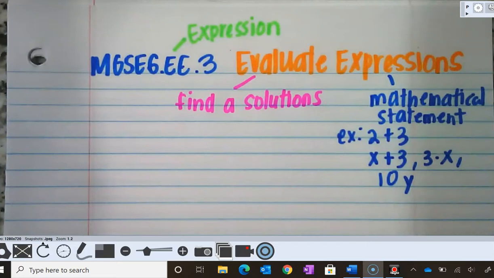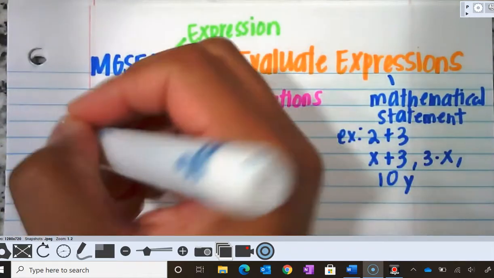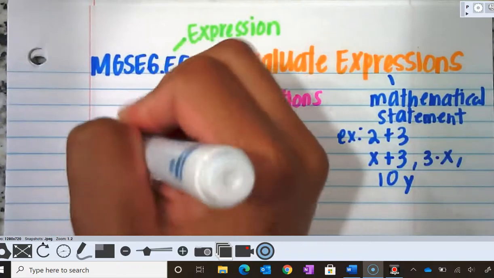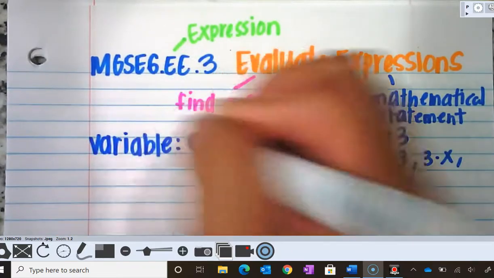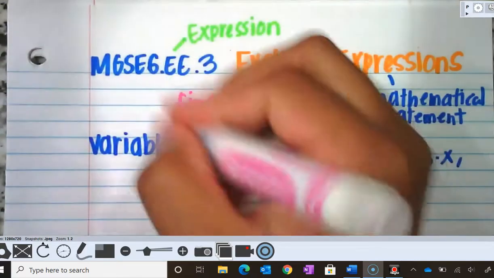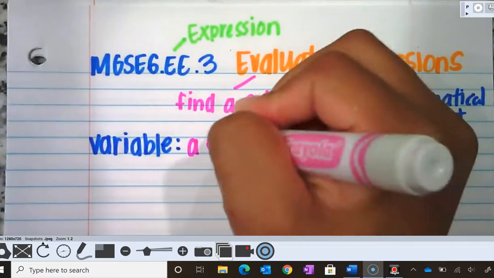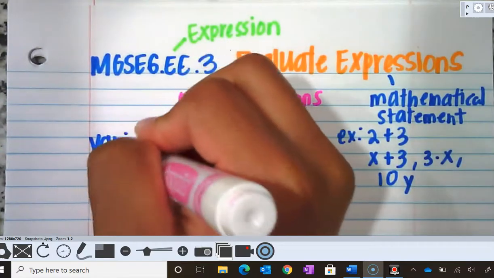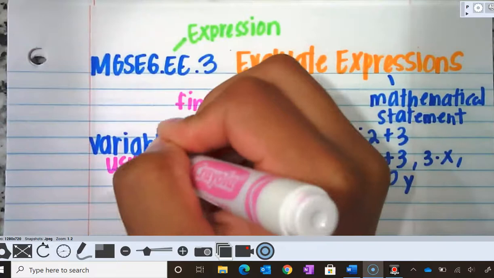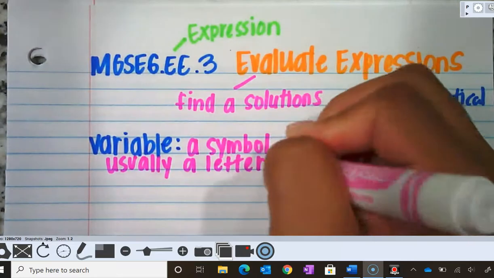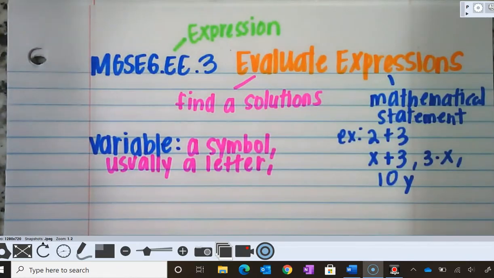So before we begin that, let's talk about a vocabulary word that is very important. And that word is variable. Now, what is a variable? So let's write this down. A variable is a symbol, usually a letter, used to represent a number.